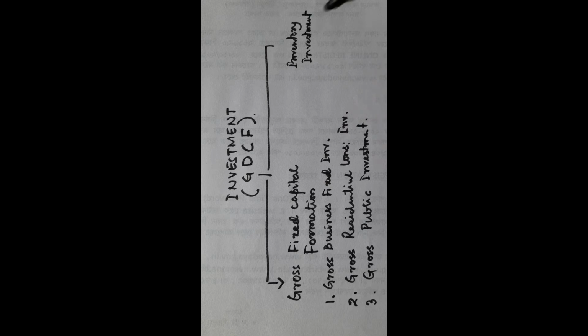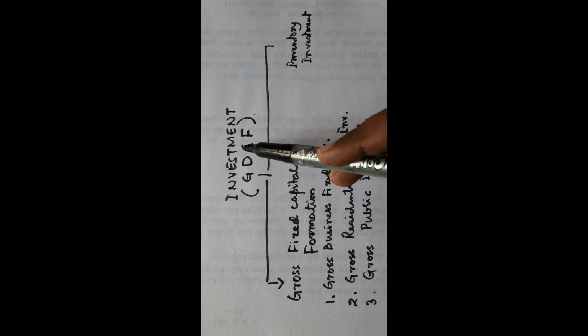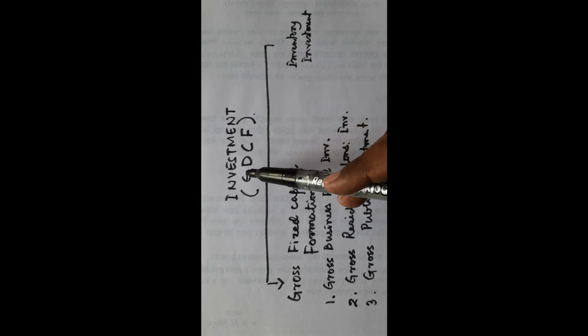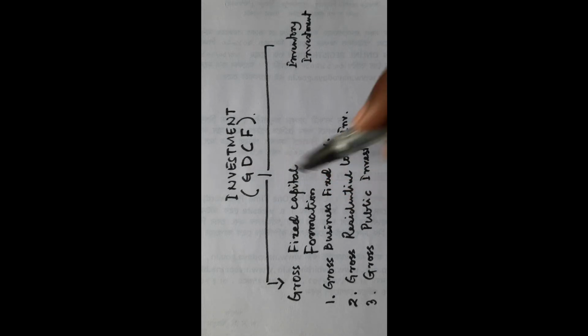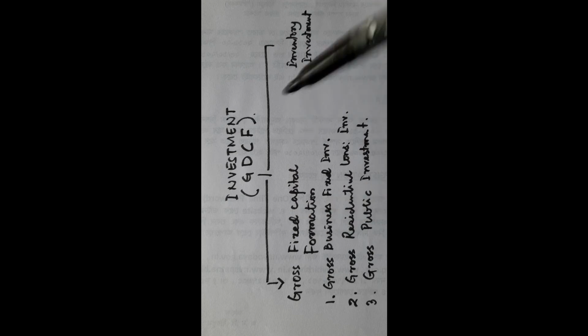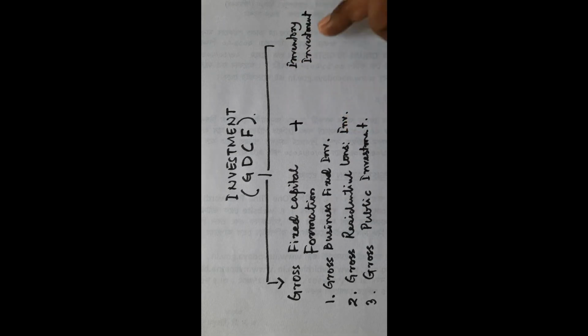So the value of investment, that is I, in our equation Y is equal to C plus I plus G plus X minus M, can be broken down in this manner. I is first the sum of gross fixed capital formation plus inventory investment or change in stock.